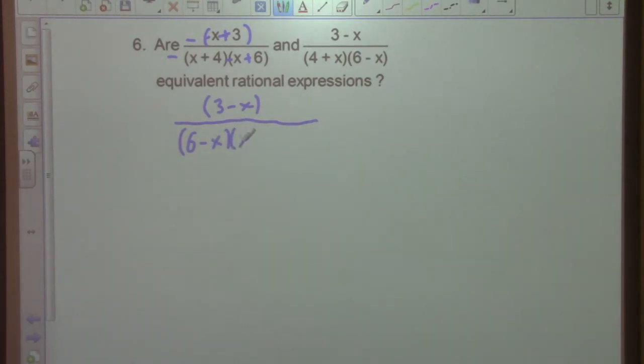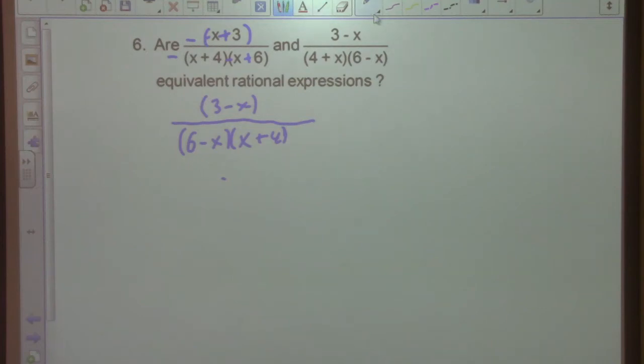And then x plus 4 is the same as 4 plus x.